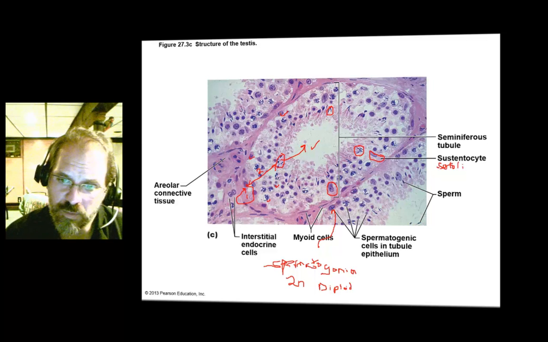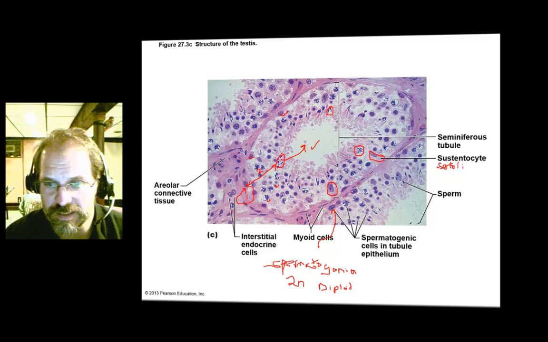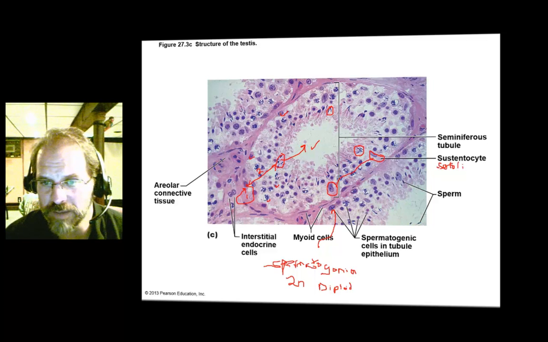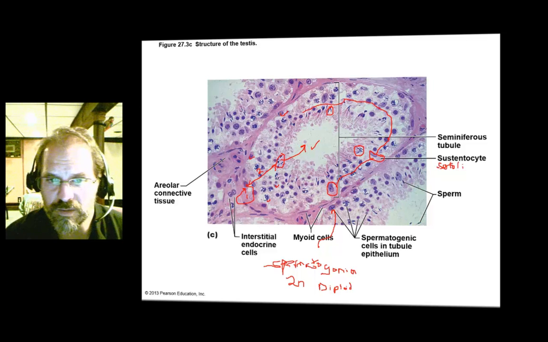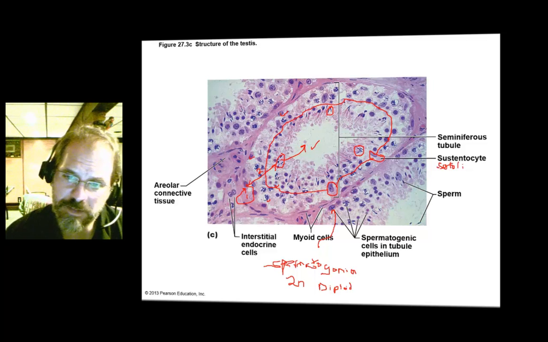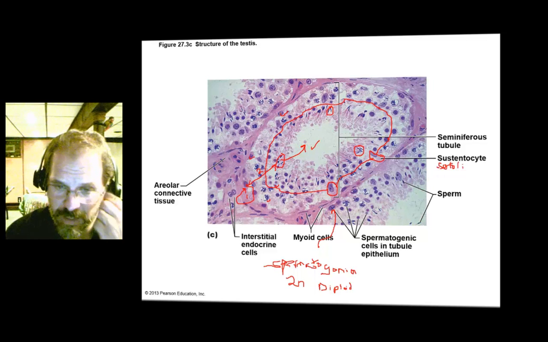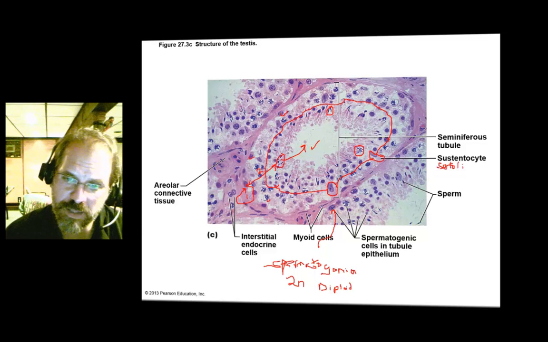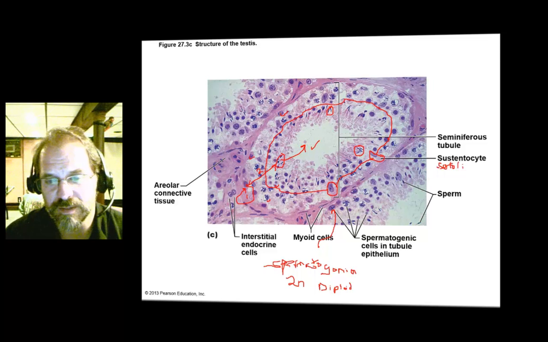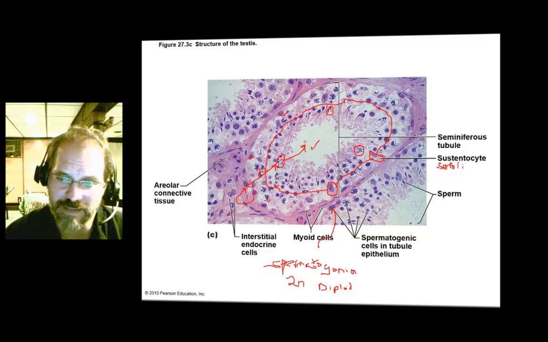Also, and it's hard to see here, the lateral borders of the Sertoli cells stretch out and form a barrier along here. It goes all the way around. I'm not trying to be precise with it, but it goes all the way around. That barrier is called the blood-testis barrier, because once we go through meiosis, the spermatids produced have a slightly different antigenic makeup than the tubule cells, and your immune system would actually attack them.